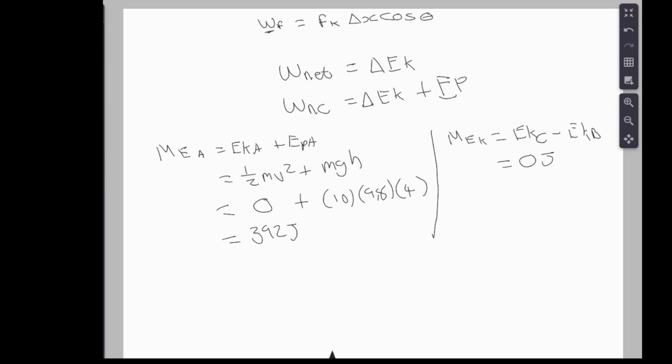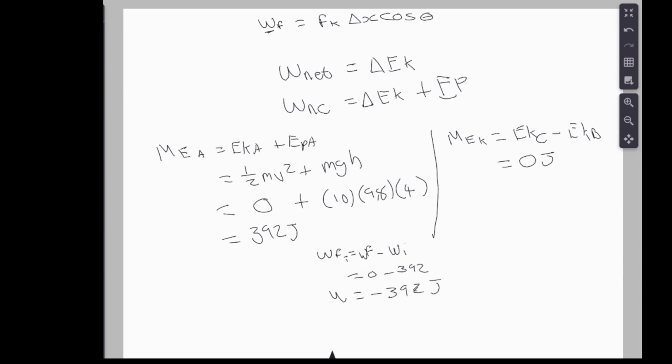The total work will equal work final minus work initial, which is 0 minus 392. That means we lost 392 joules.